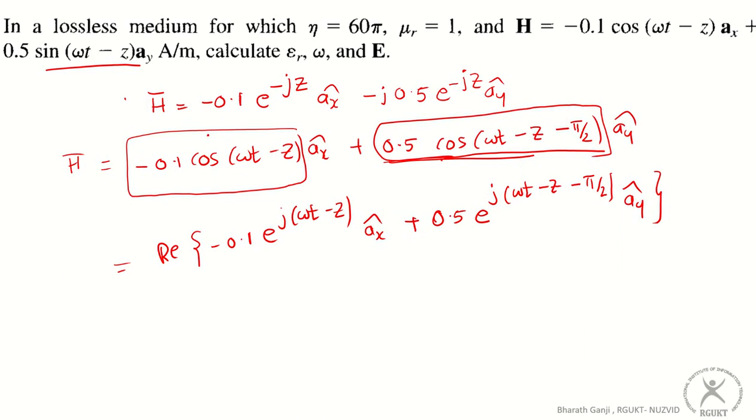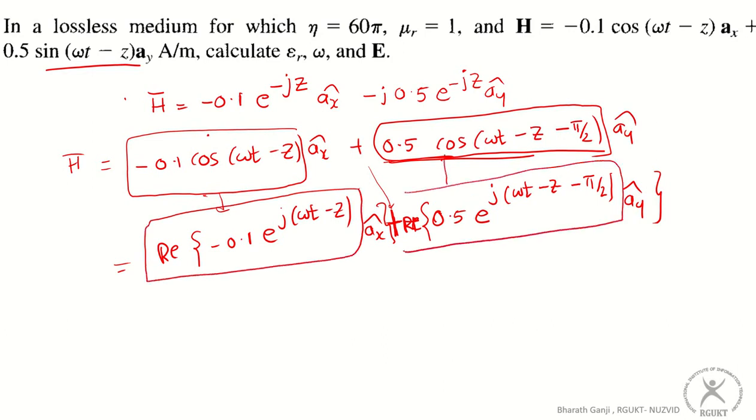If you don't want to write real part for the whole thing, you can write the real part of each individual term. I think that looks more understandable. So the plus is plus, and before this part was written like this, and this part was written like this. Right? So there you can see.